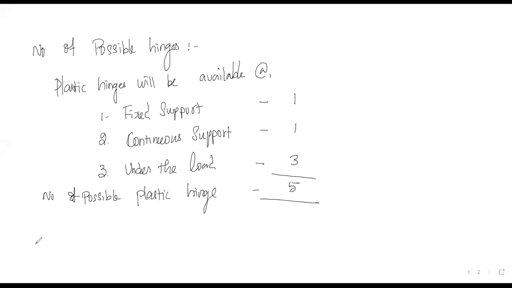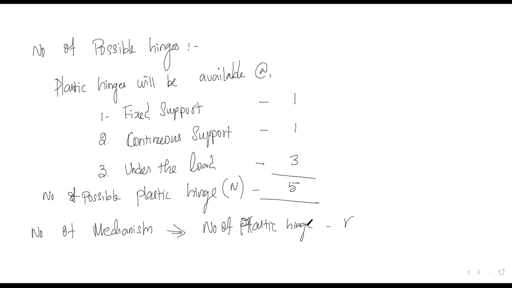Next, the number of mechanisms. The formula is, we are going to take it as n, number of plastic hinges minus r.